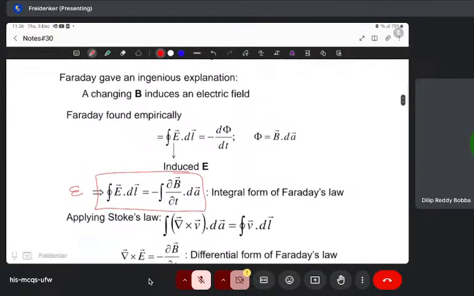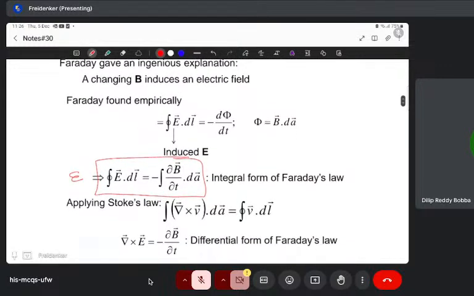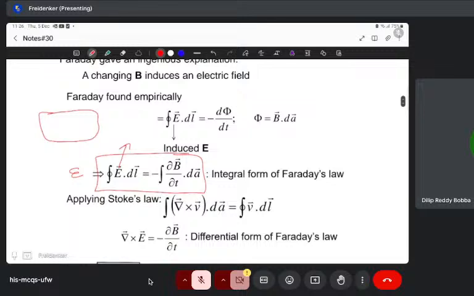Fine. So just keep in mind epsilon is E dot dl. dl is basically the entire loop that you're considering. So in this case, it was this one. This electric field is the electric field that I'm talking about. Due to electromagnetic induction, this electric field came into existence. So you have epsilon equal to integral E dot dl is equal to minus d phi by dt.